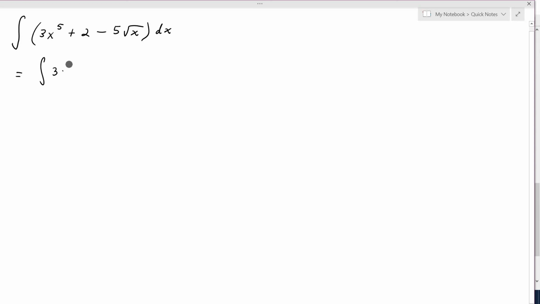So this is the same as the antiderivative of this function plus the antiderivative of this function minus the antiderivative of this function. Okay, and then using the constant multiple rule, we can move these constants outside the antiderivative operator.